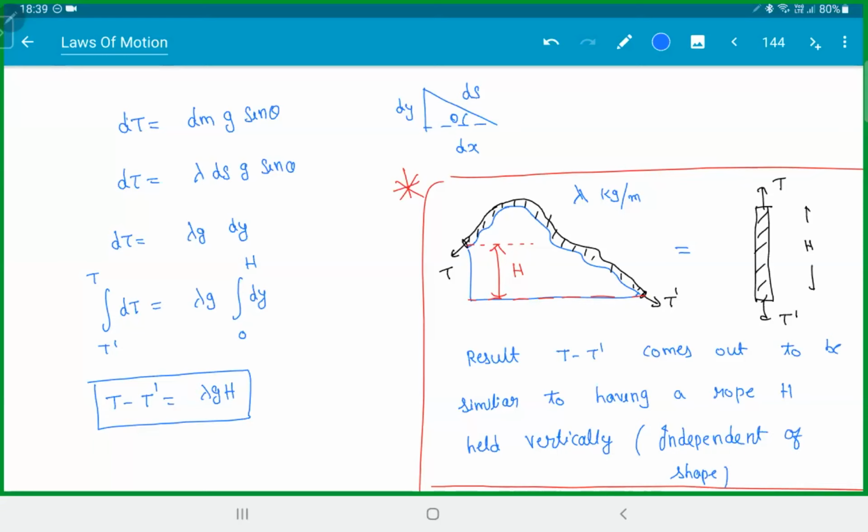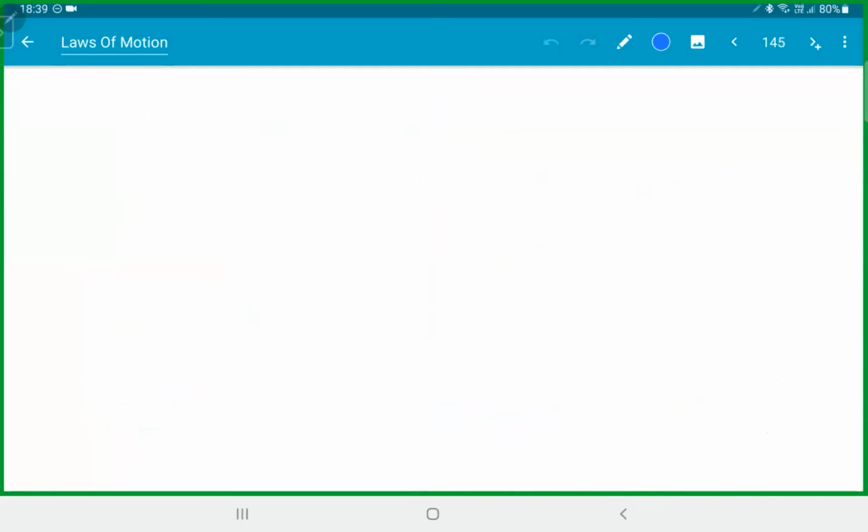Next one. Springs. So what are springs? Springs oppose deformation. What is deformation? Elongation or compression is called deformation. And springs also generate restoring forces.